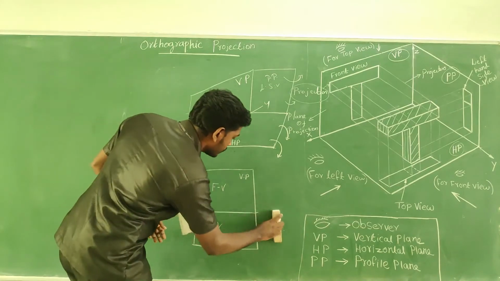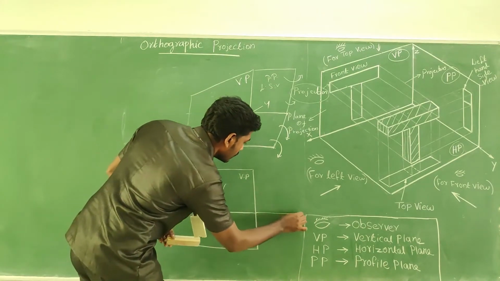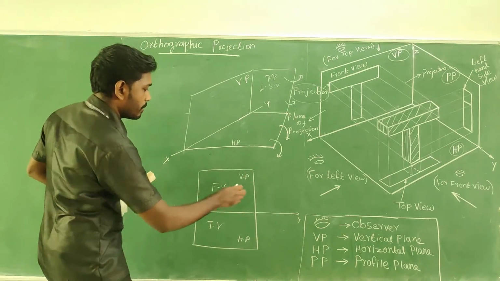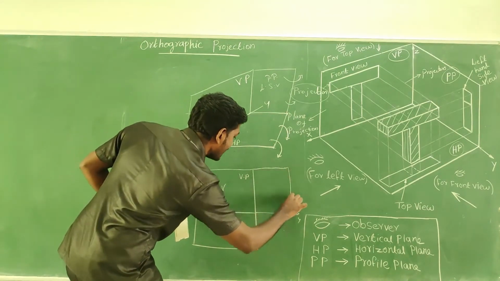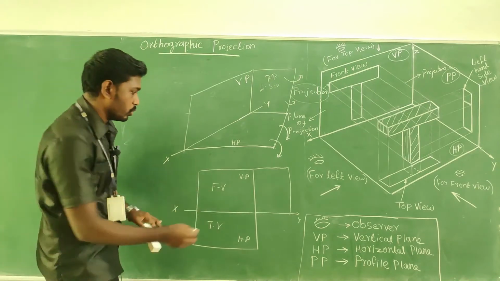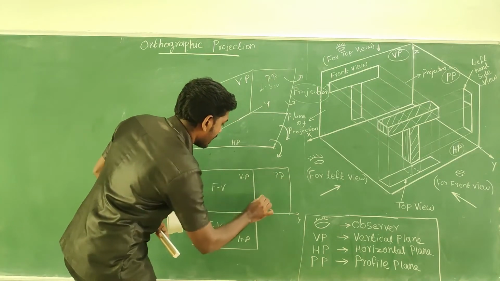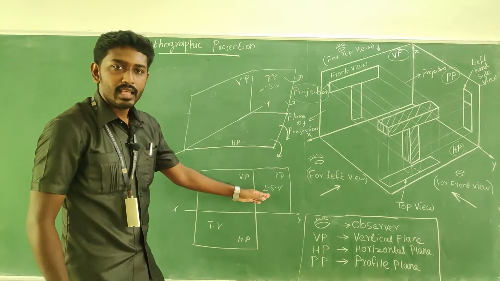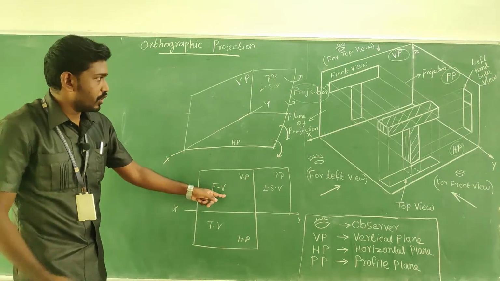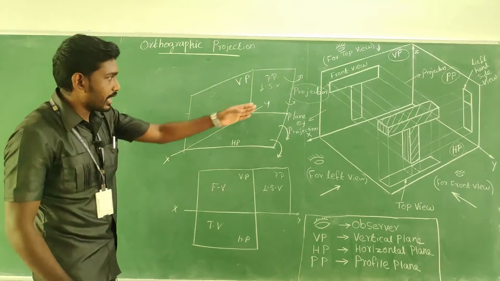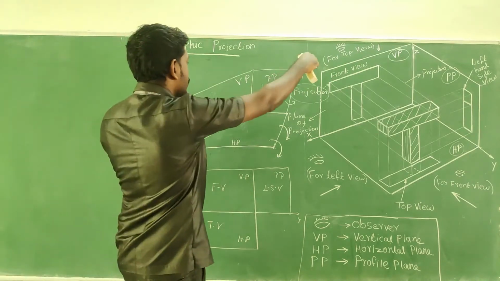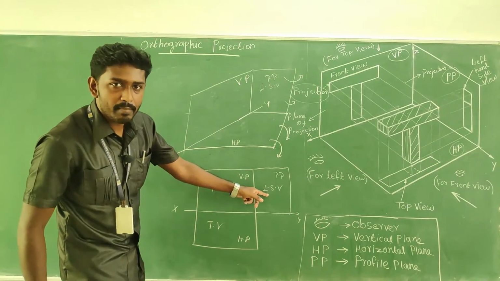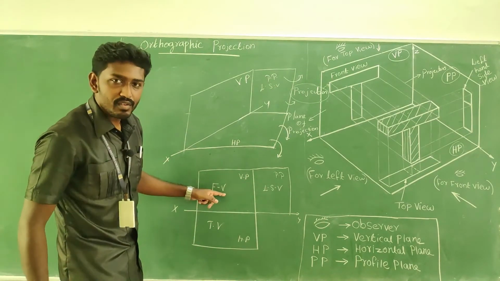So what happens? This left side view, when we are turning over, comes on the right side of the front view picture plane. That means the left side view is captured on the right side of the front view when you are turning like this. Can you get it? You are turning like this, here is the front view. So what happens? It naturally comes to the right side of the front view.